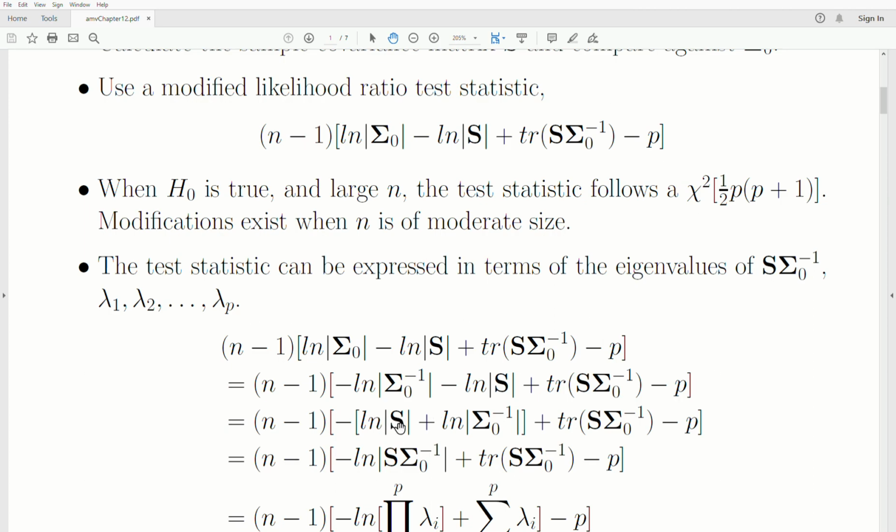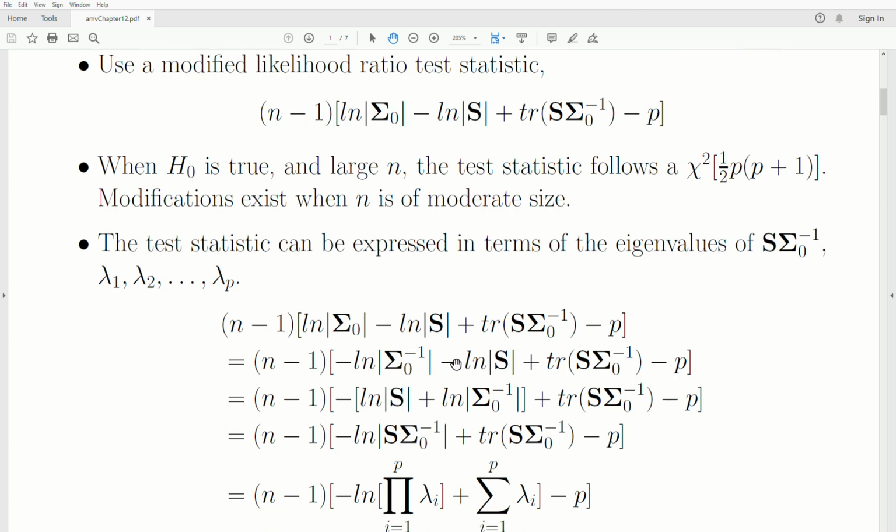The rest of it comes down. We distribute a negative out of that, and I change the order of these terms. The rest of the terms come down. The sum of logs is the log of the product, so that's what we get here.